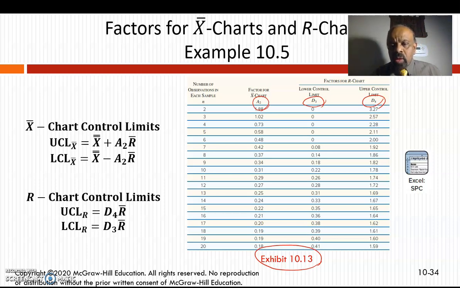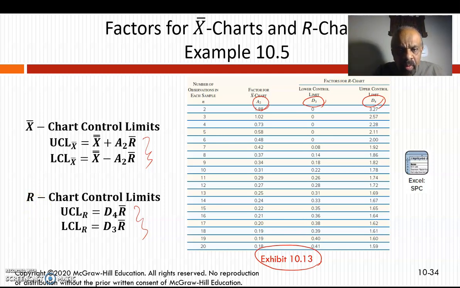D3 is the factor for the lower control limit. These are the factors for the lower control limit and the upper control limit. I'm going to use these equations to get the X bar chart or the R chart.